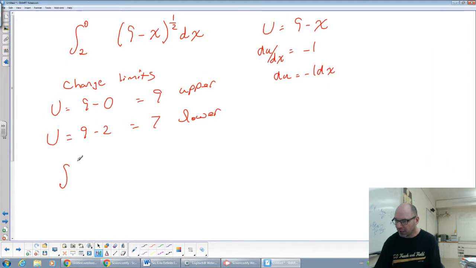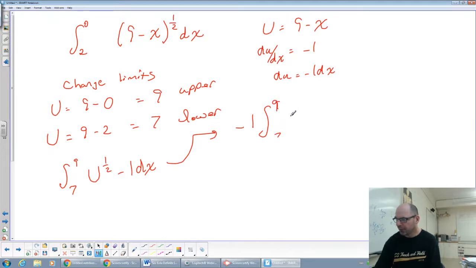So 9 to 7, this is going to be u to the 1/2. Let's not screw it up this time. Negative 1 dx, so we can bring the negative 1 out. That's a 9, and then we have du left alone.